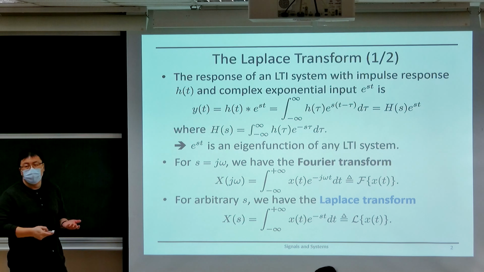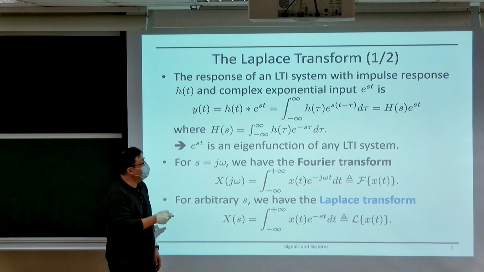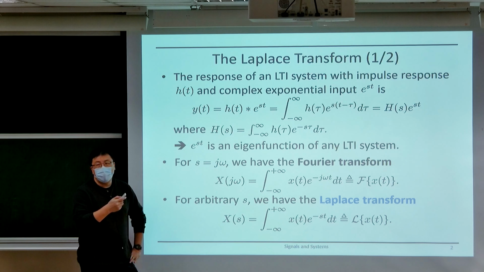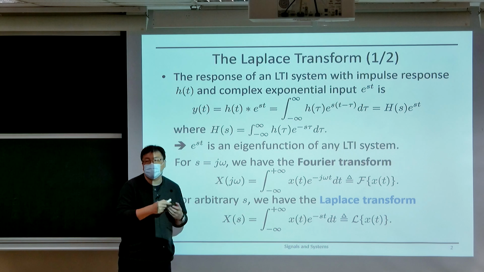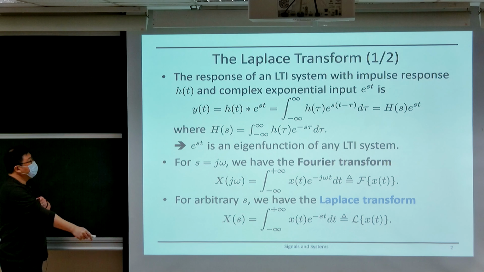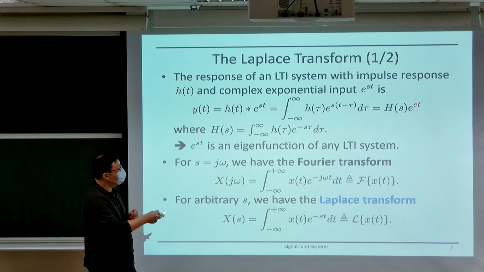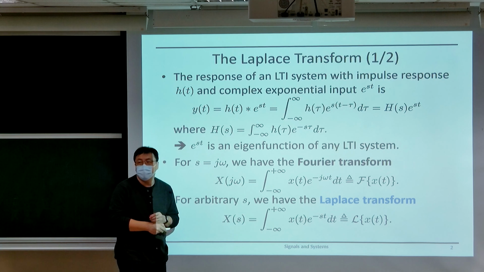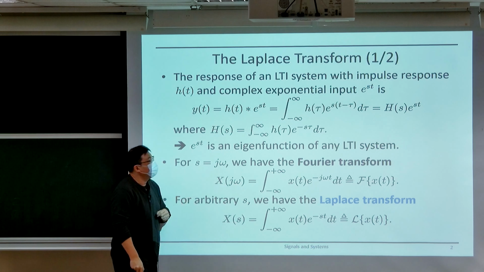This is one of the main motivations for studying the Fourier transform, because if we are able to write an input signal as a linear combination of these complex exponentials, then the output should also be a linear combination of the same complex exponentials. Previously we focused specifically on the case where s is a pure imaginary number, s equal to j omega.